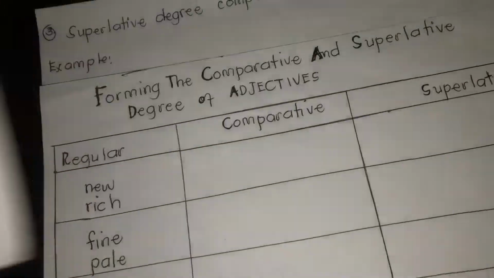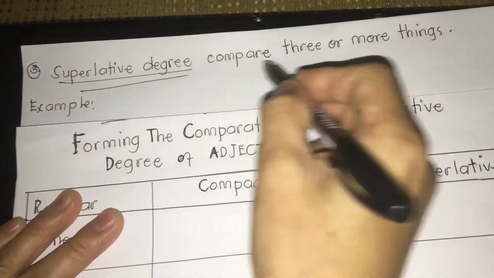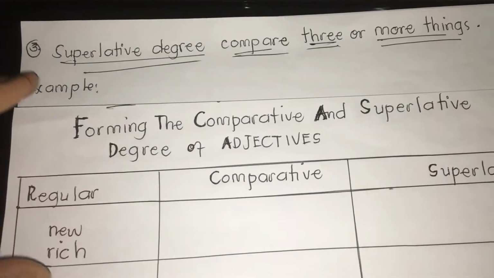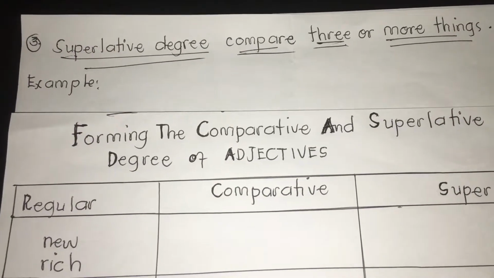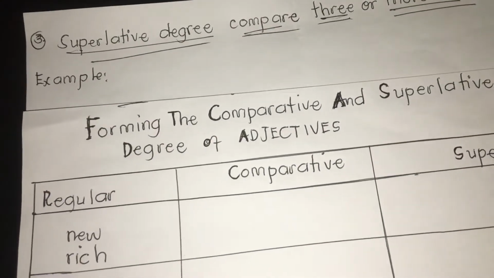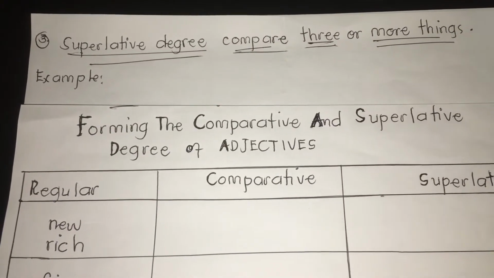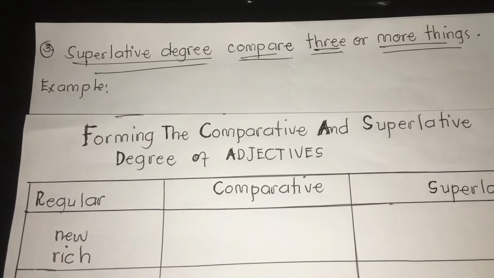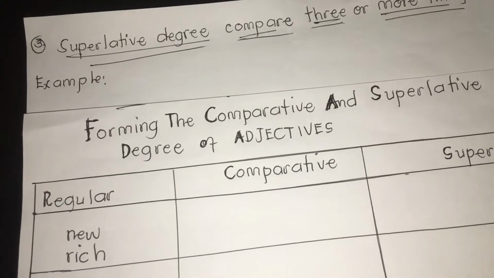Superlative degree compares three or more things, by using the est suffix. The word ends with est, like biggest, smallest, like that.